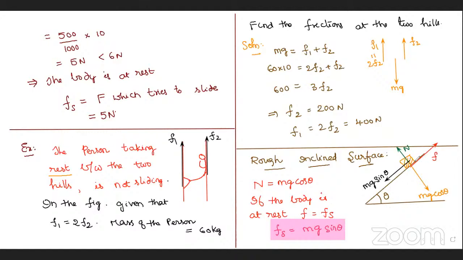Suppose you want to increase this mg sine theta, no need to increase the mass of the block. Just increase the angle of inclination. If you increase theta, sine theta increases, so mg sine theta increases. That is what I'm saying.